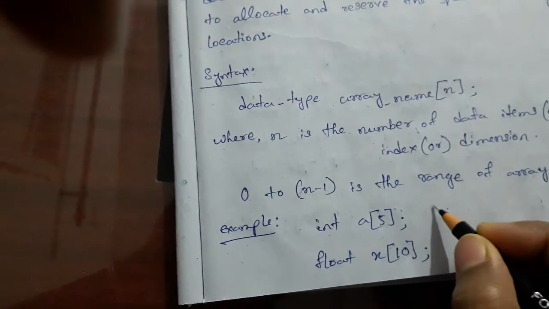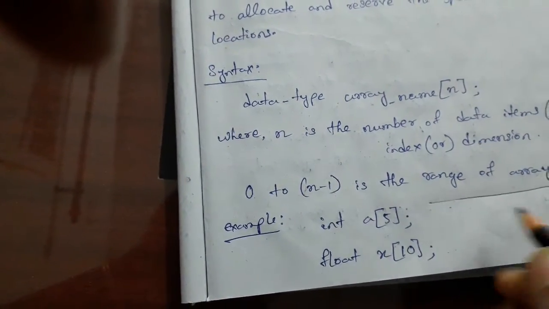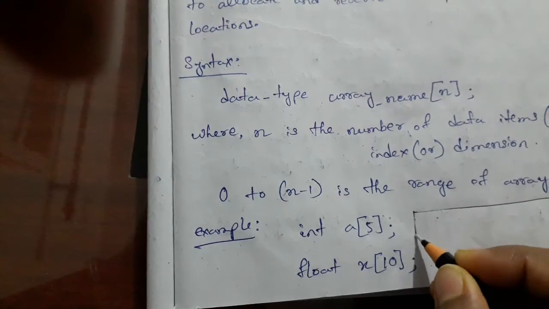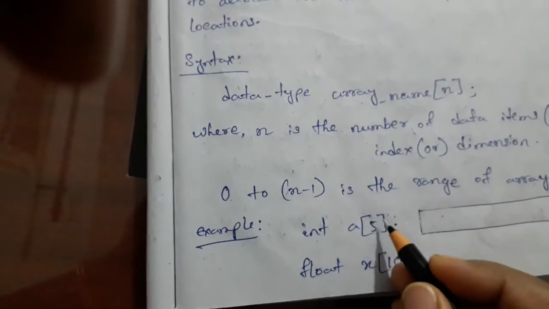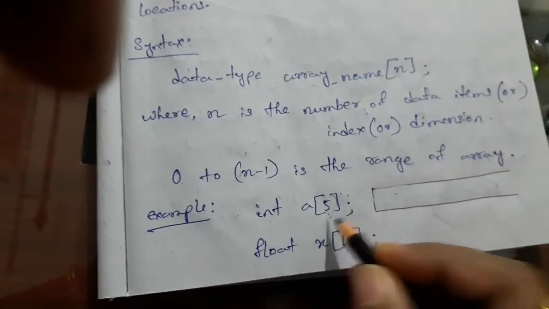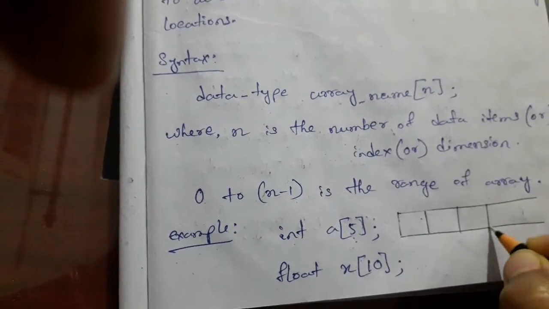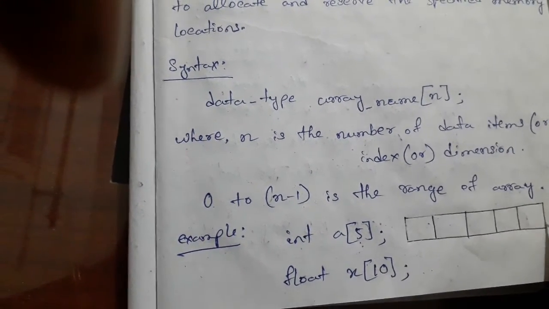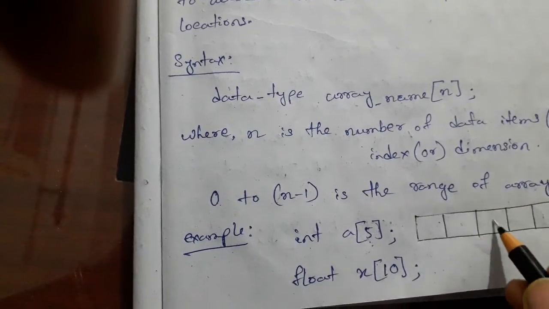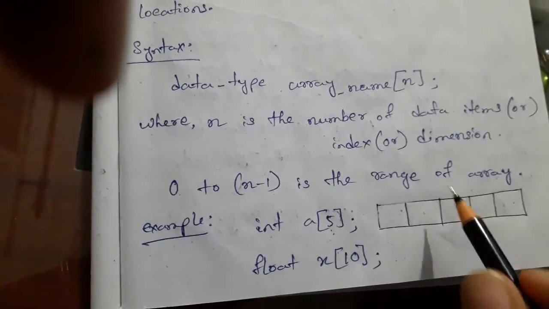See the example here: int, this is the data type, then the array name and the size. When we declare this type of data, the picture will be like this. The number of data items is 5, so we need to draw 5 individual memory locations: 0, 1, 2, 3, 4.